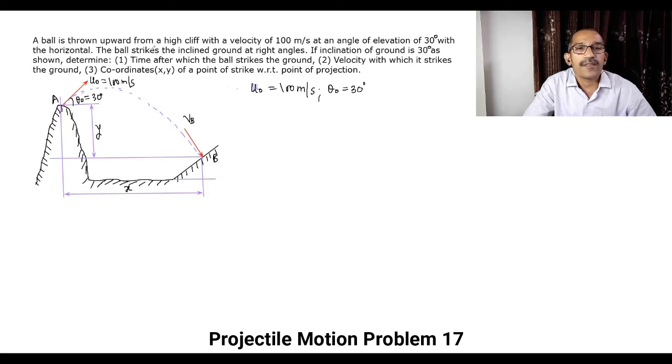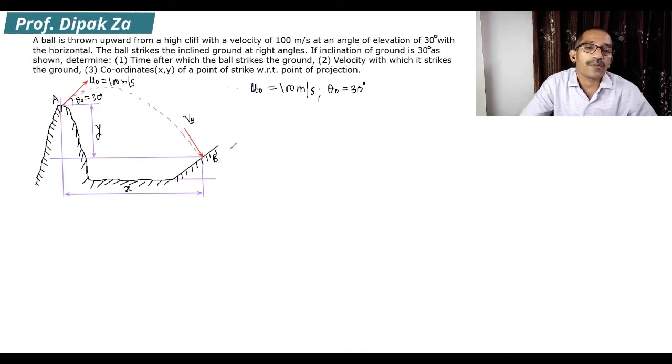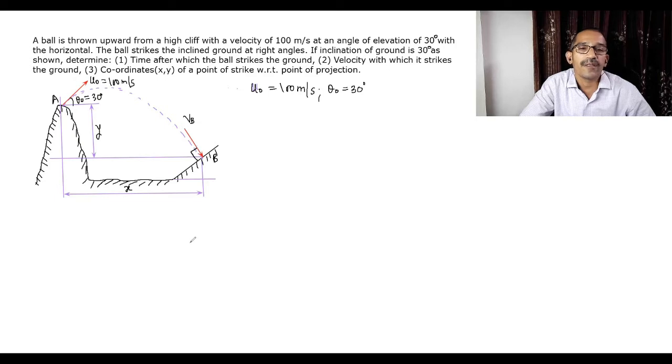The ball strikes the inclined ground at right angles. What is the meaning of this? When this ball strikes this inclined plane, it is at a right angle, that means 90 degrees. Now, what is the use of this inclination? As the inclination of the plane is given and the velocity is perpendicular to it, you can find out the inclination of the velocity with horizontal or vertical.